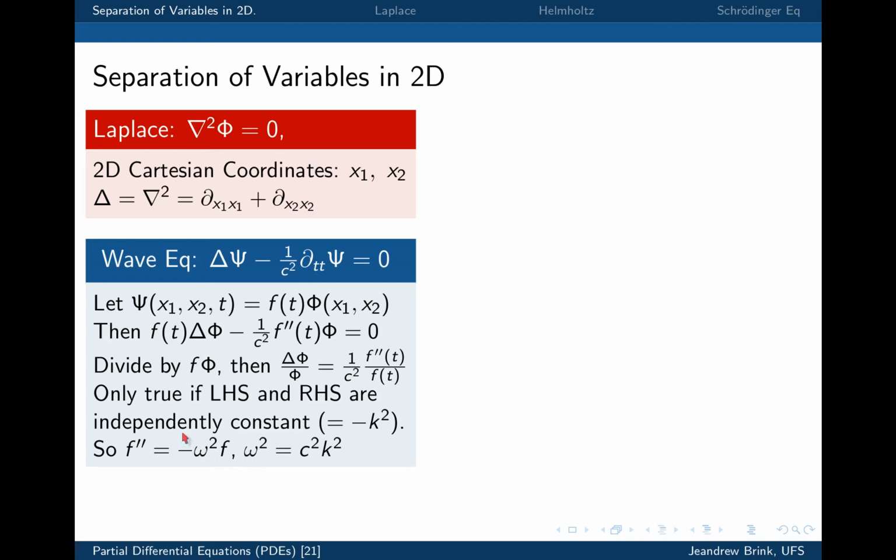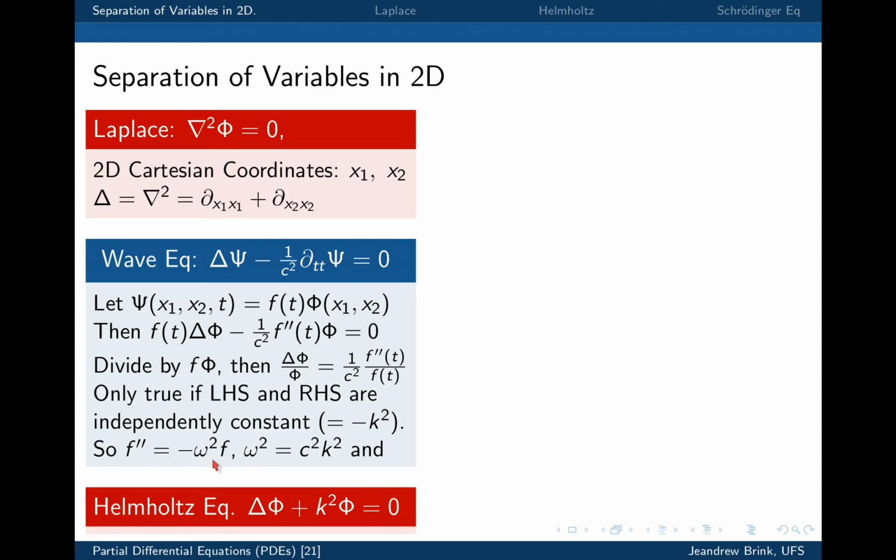So this thing is now an ordinary differential equation which you can solve because it's just a harmonic oscillator. So you have the time dependence that you solve separately up to this constant, and what is left over is this thing which they call Helmholtz's equation. And we're going to look at this.